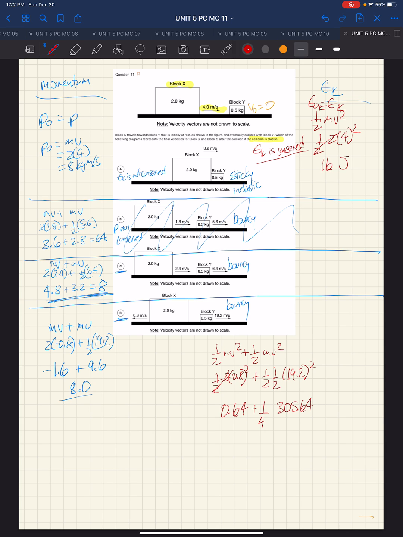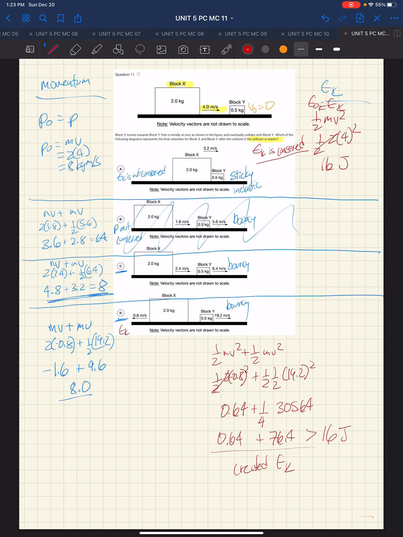A quarter of 305.64 is 76.4. So clearly it's much greater than 16 joules. In this case, we have created kinetic energy. It's not a closed system at that point. And so choice D is out.